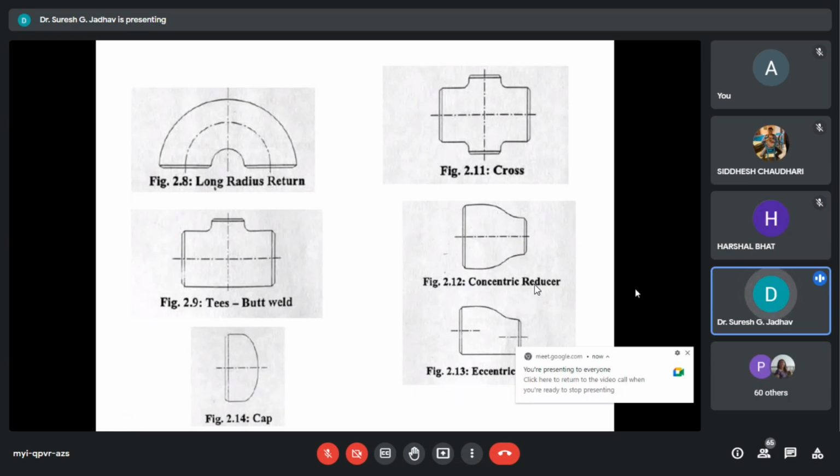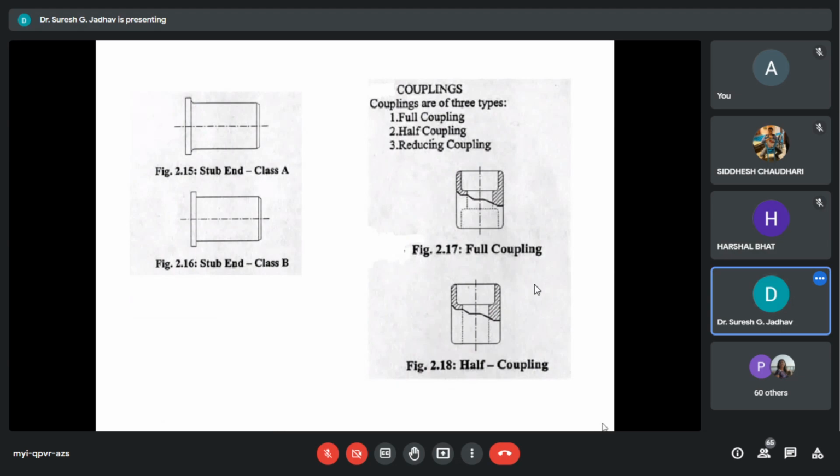Okay, last lecture we discussed long radius returns, cross, concentric reducer, eccentric reducer, cap, tees, or butt ends. Now, see the stub end, class A and class B. Stub ends reduce the cost of piping.